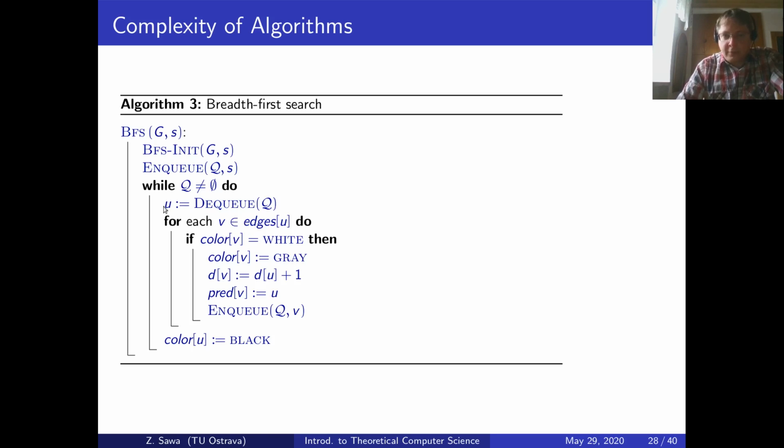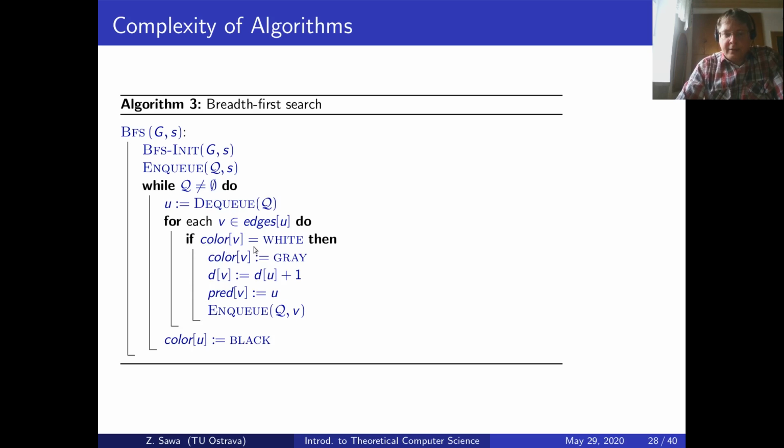Now we consider in this loop an edge from node u to node v, and we check if this node is white, then the following is done, and if it's gray or black, nothing is done with it.